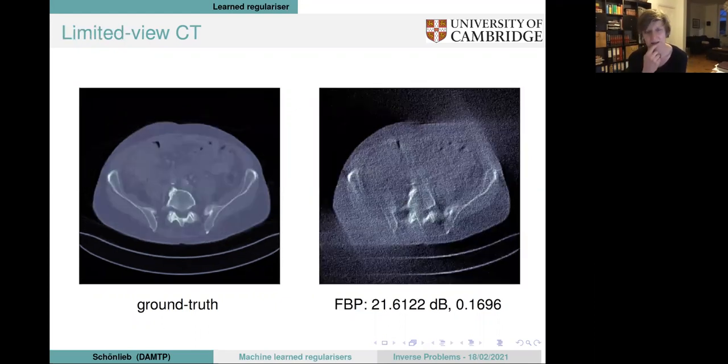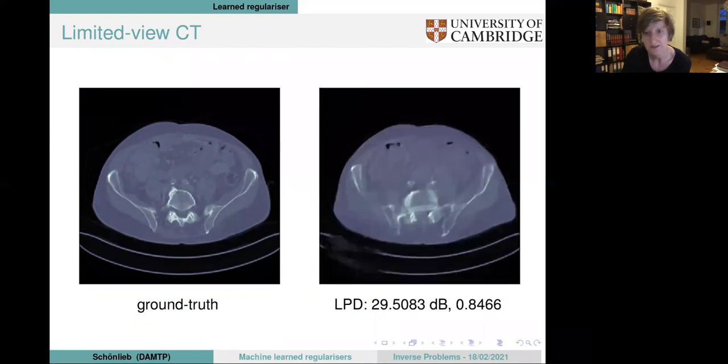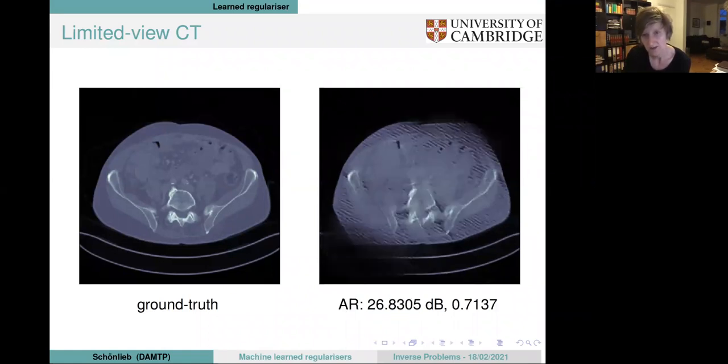Now, I think what is actually impressive is the limited angle CT. So this is a filtered back projection result. This is what you get with TV, so this is already, again, quite a jump. This is what you get with the learned primal dual, this deep learning based reconstruction. This is what you get with the adversarial regularizer.